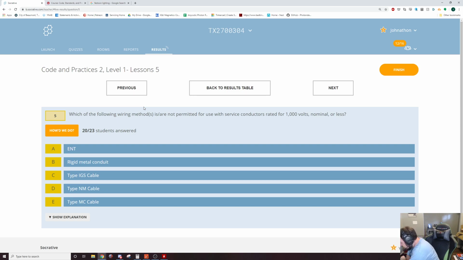It is definitely in Article 230. I am looking for wiring methods for 1,000 volts nominal or less. That's 230.43. It should be right in here.